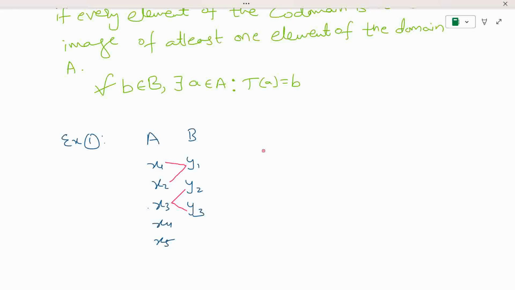So we have T of x1 is equal to y1, T of x2 is equal to y1, T of x3 is equal to y2, and T of x4 is equal to y3.